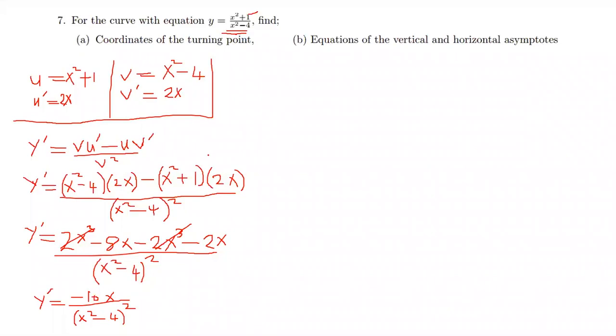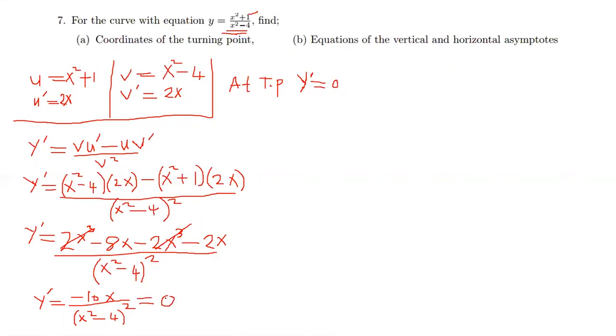So from that point, we know to say at turning point, our y prime, which is dy dx, in short, the gradient function, is equal to 0 at turning point. So meaning we're going to equate this to 0.